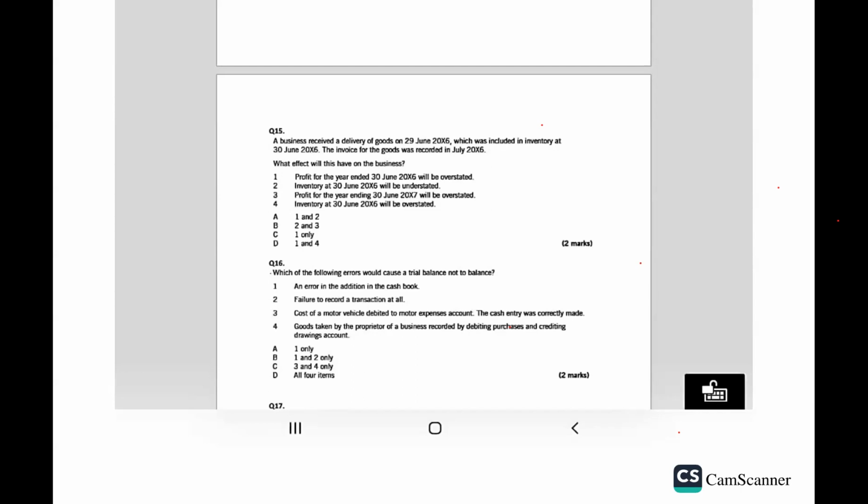Why do you pick C, sir? I'll start with point number 4, though it's difficult to explain point number 2 or point number 3. Point number 4 has to do with purchases. The purchases are being debited and crediting the drawings account. Like from the previous, these are being put in wrong sides of the trial balance.